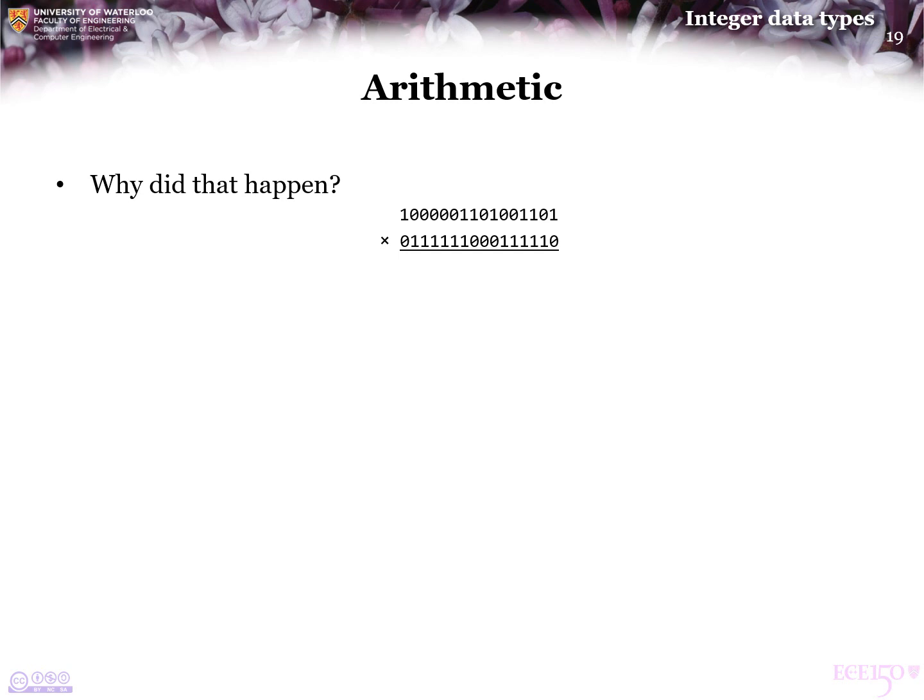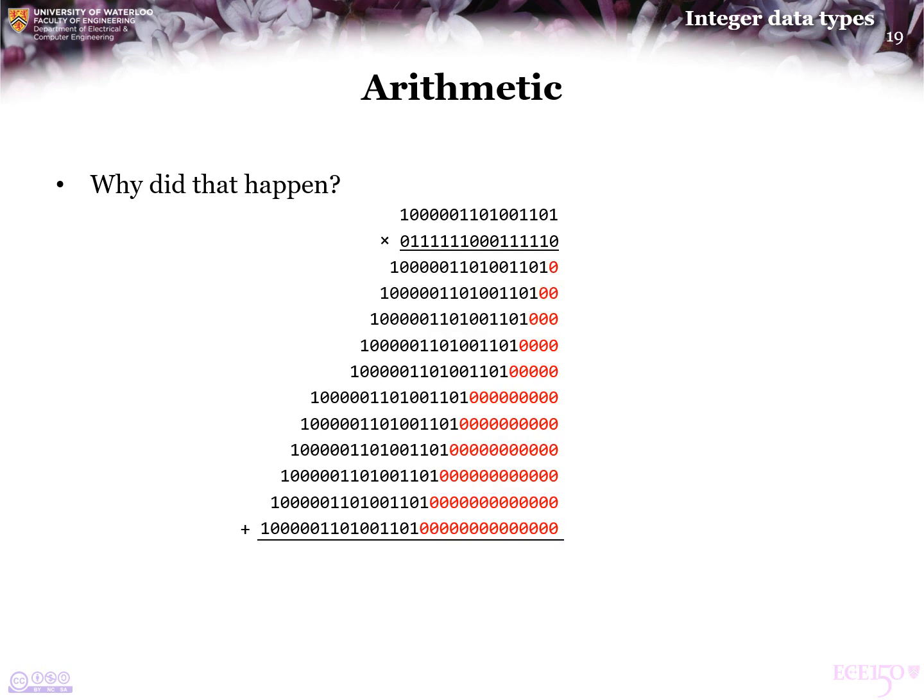Now, beyond the scope of this course, but just to give you a hint, this is what happens internally. We're multiplying the first number by the second, just like you learned multiplication in elementary school. We then add all of these up to get the result with the appropriate carries.